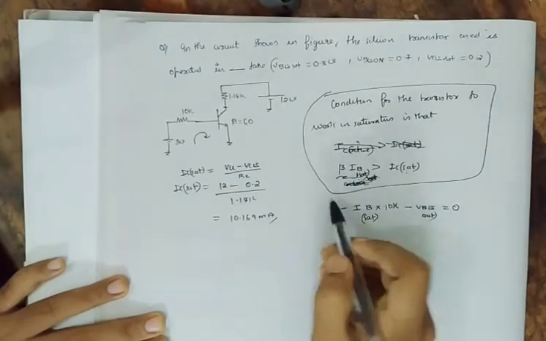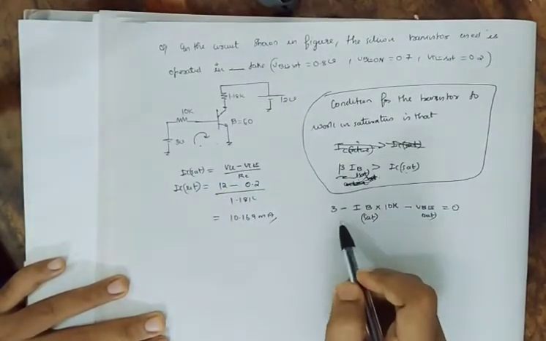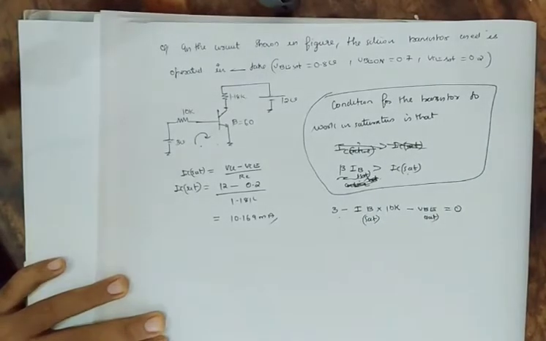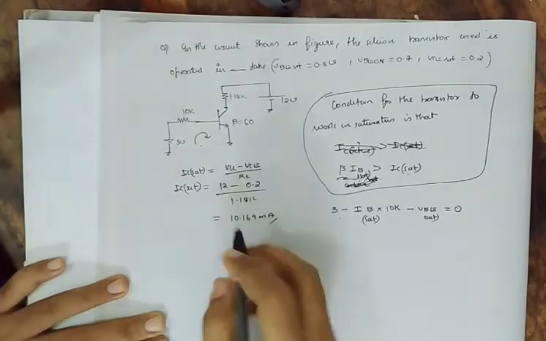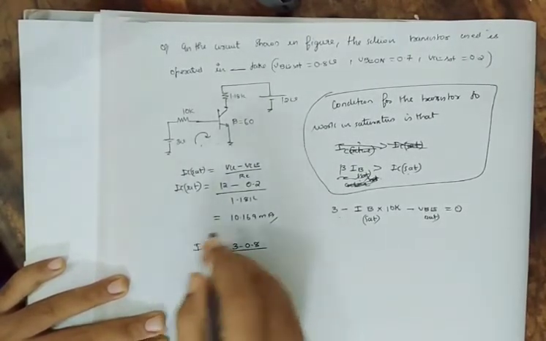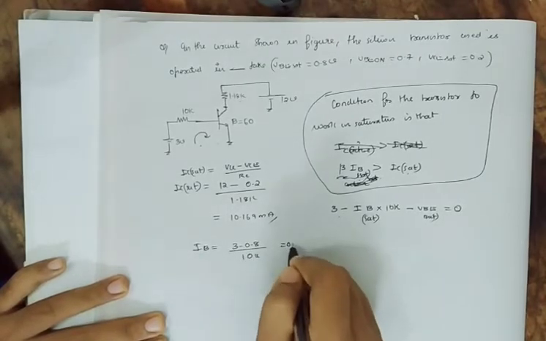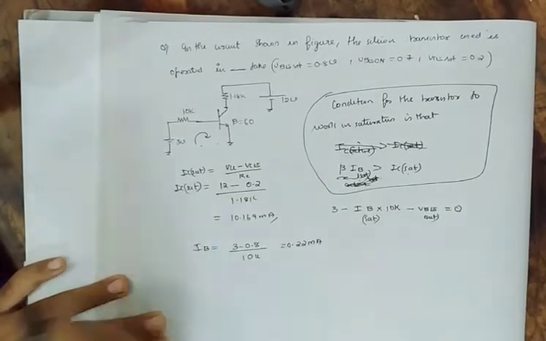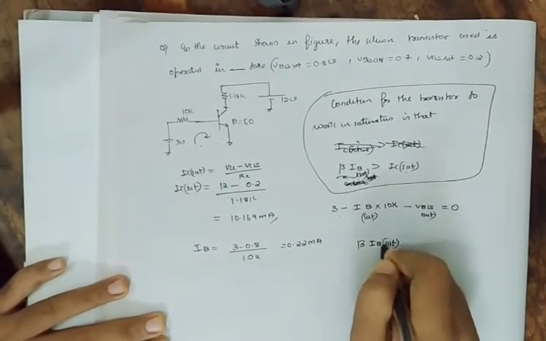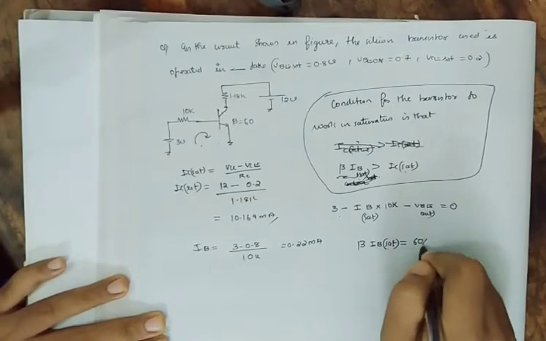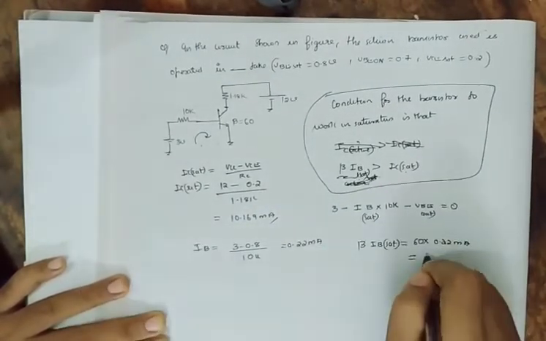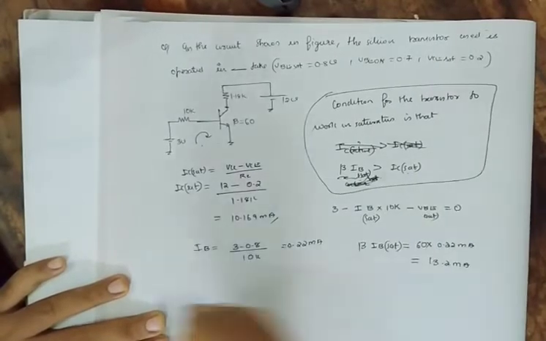Okay, that is equal to, we'll consider this loop. After writing the loop equation, we'll get 3 minus IB into 10K minus VBE saturation equal to 0. From here we get IB is equal to 3 minus 0.8 divided by 10K, which is equal to 0.22 milliampere, and beta into IB saturation equal to 60 into 0.22 milliampere, which is equal to 13.2 milliampere.